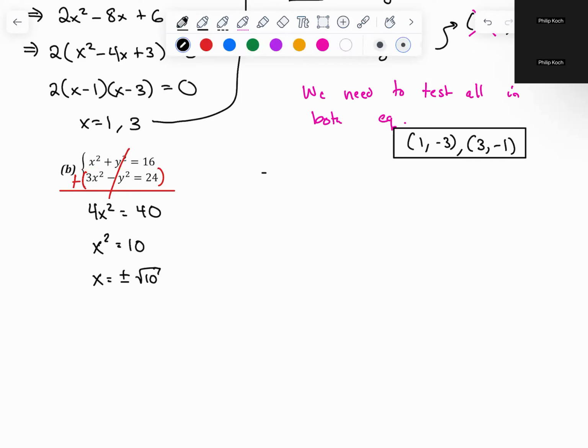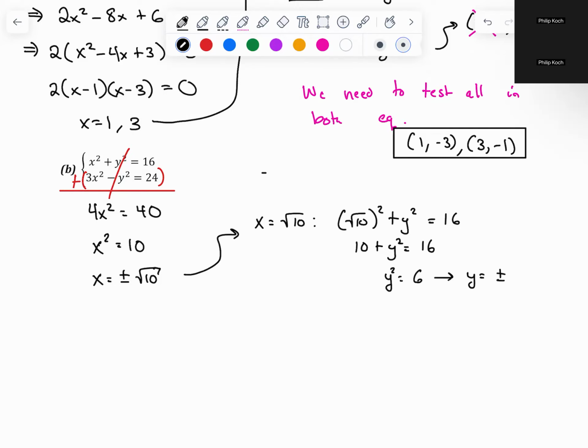So with x equals positive square root 10, we're going to get square root 10 squared plus y squared is equal to 16. That's 10 plus y squared is equal to 16. That gives me y squared is equal to 6. So y is equal to plus or minus the square root of 6. I did that very quickly, so I'll take a step back for a second.